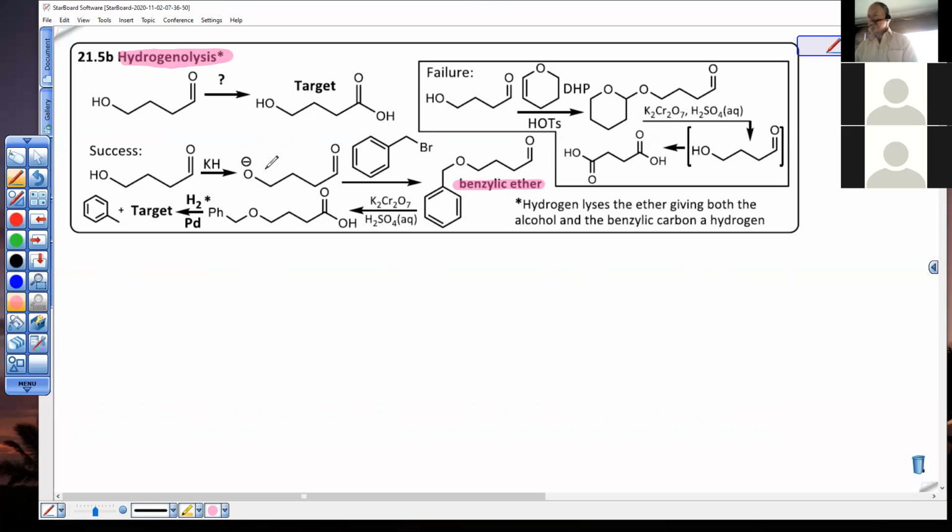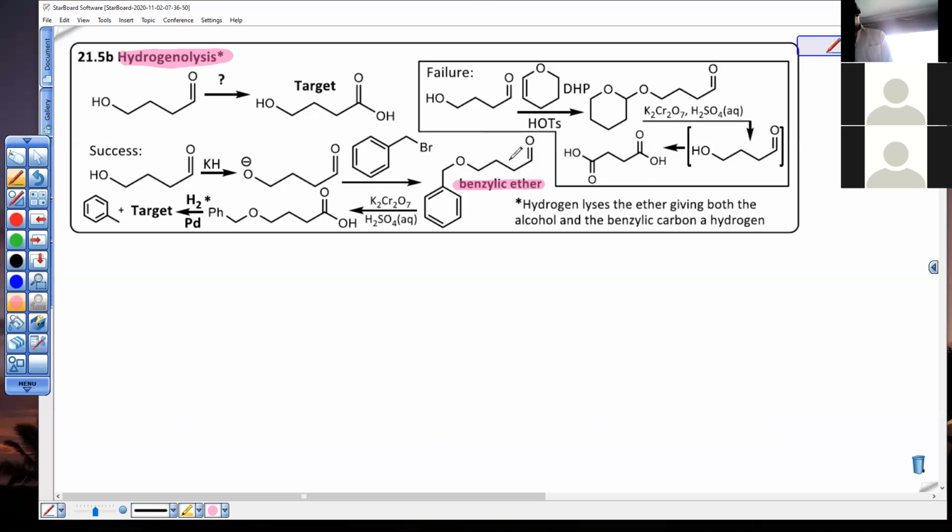So how do you make a benzylic ether? Well, deprotonate your alcohol to make a nucleophile and attack it with benzyl bromide, and you have a benzylic ether. That's straight up acid base followed by SN2. And then you can do your oxidation of your aldehyde.